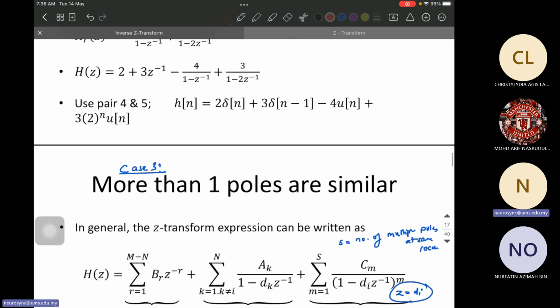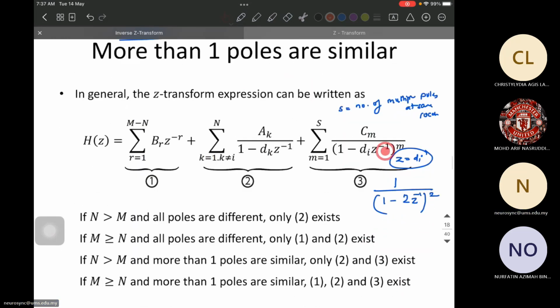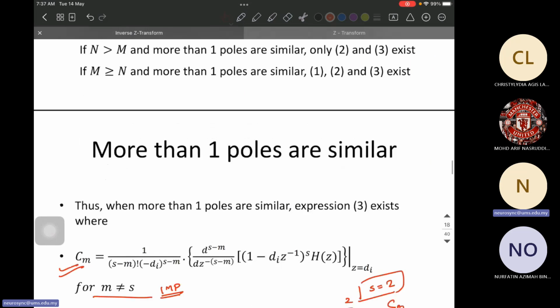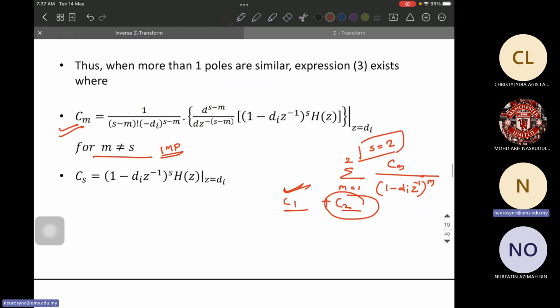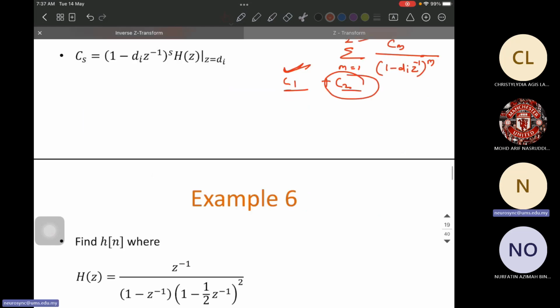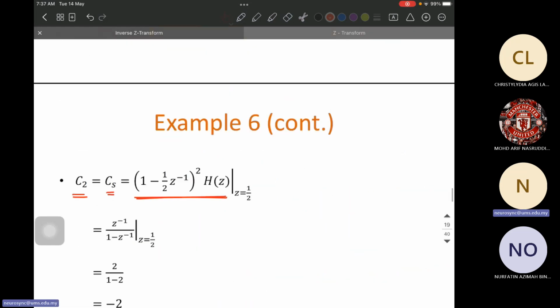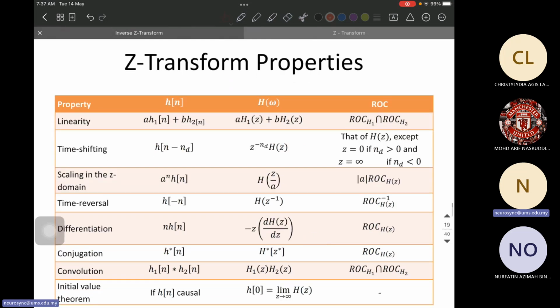Now, when there are multiple poles at the same location, we have this formula to find the constant C. Okay, this long formula. Today we will do some properties of the Z transform and a couple of examples on the inverse Z transform.